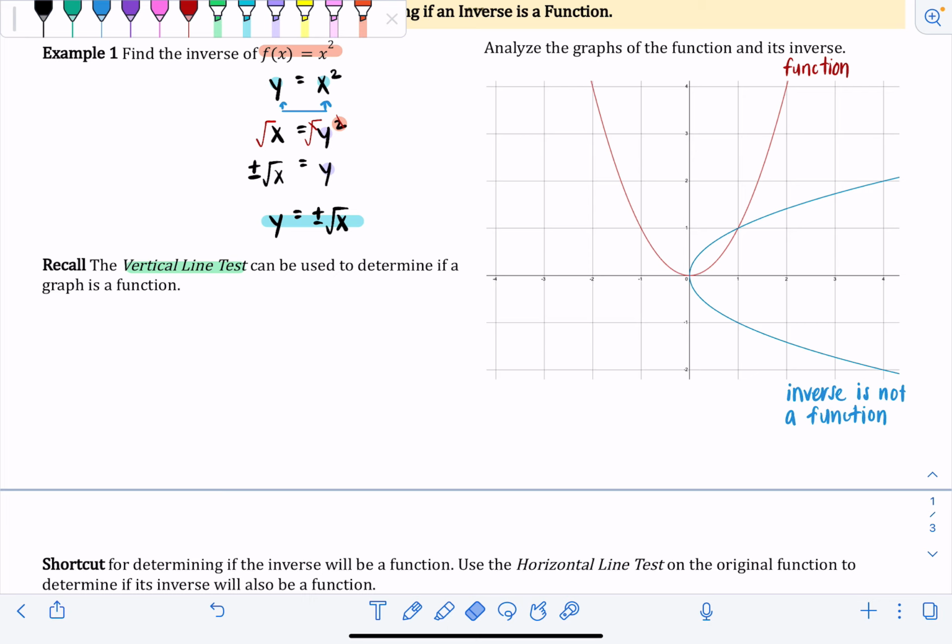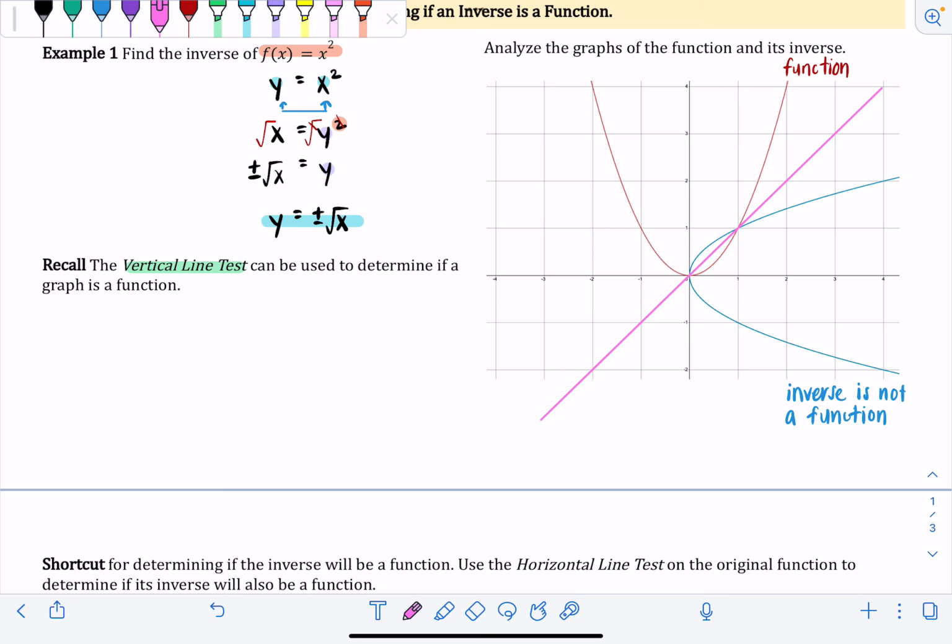That's because functions and their inverses are reflections of each other over the line y equals x, which is that pink line that I just drew. So if I took my original function and reflected it over that line, it would end up looking like the inverse.